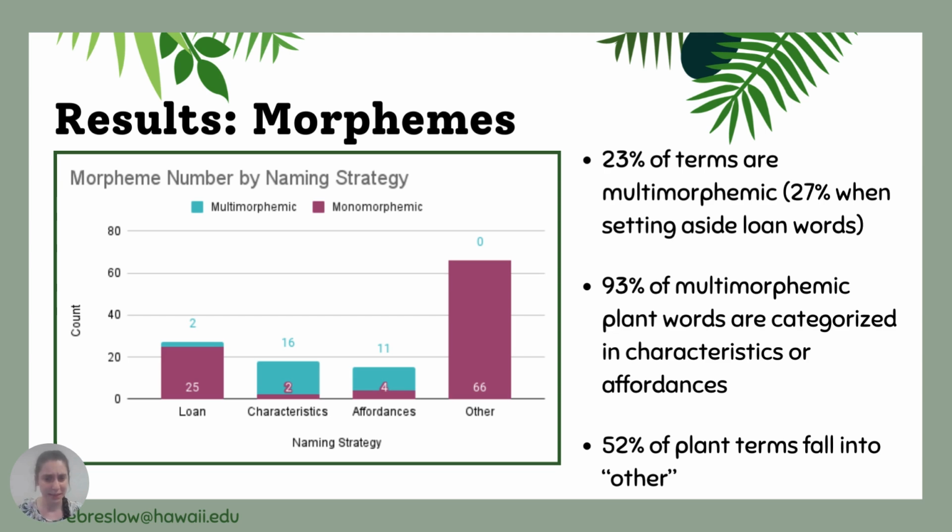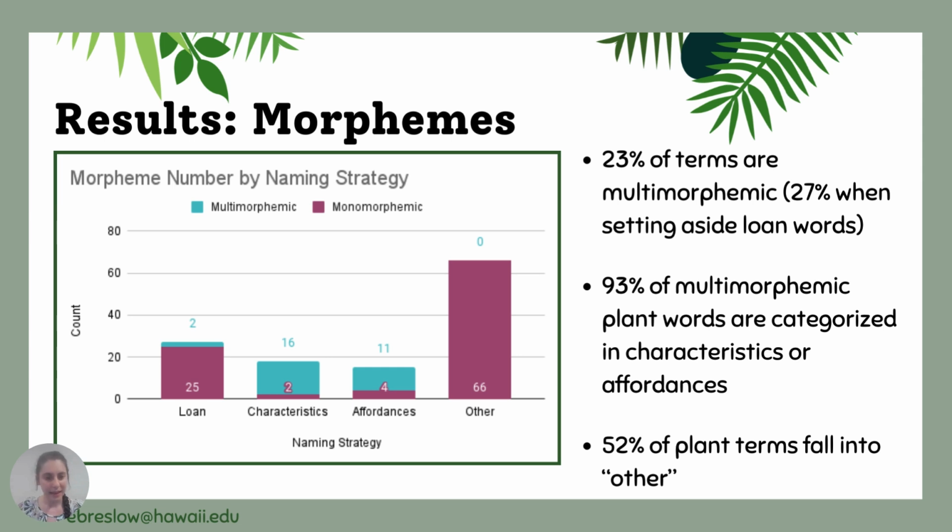About 52% of plant terms fall into that other category of being unanalyzable. And this is quite high compared to Berlin. Blake 2024 summarized that Berlin found about a third of the plants were in that other, unanalyzable category.